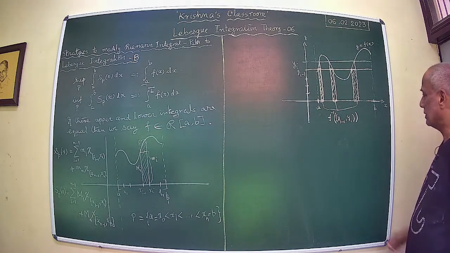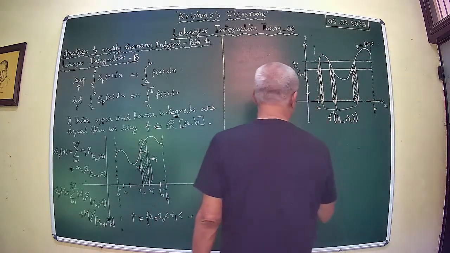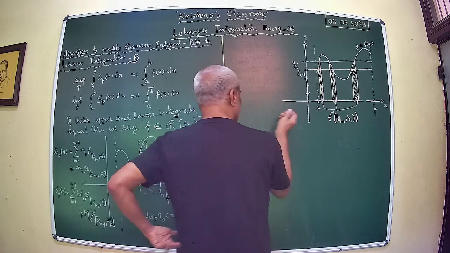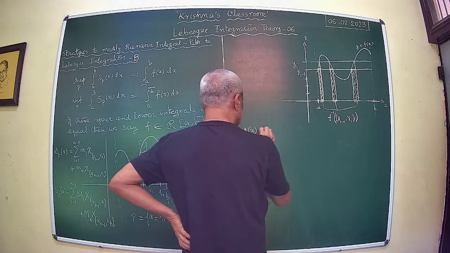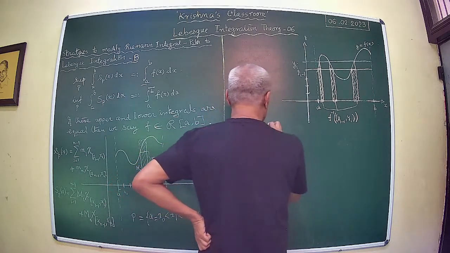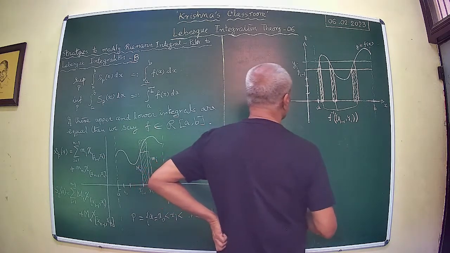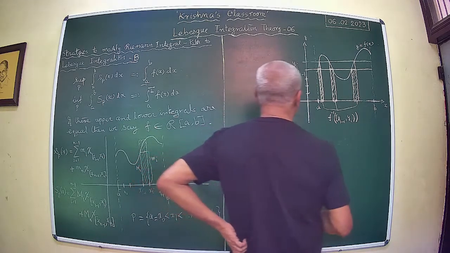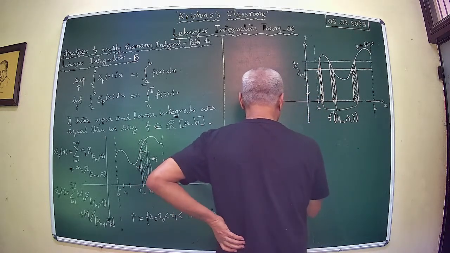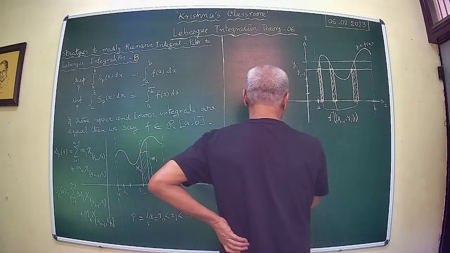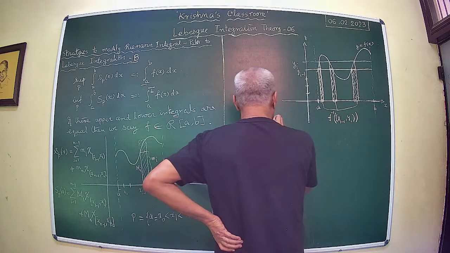So let us write down the sort of function that we define. We write S(x) to be the sum from i equal to 1 to infinity.